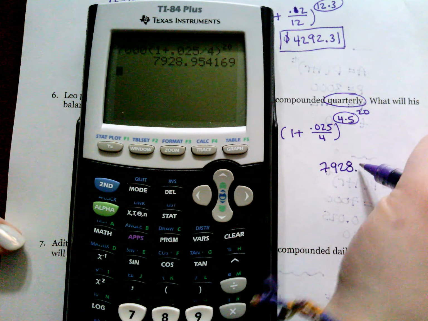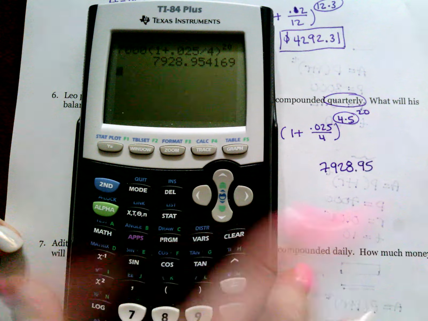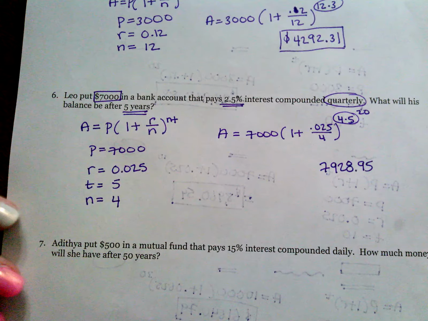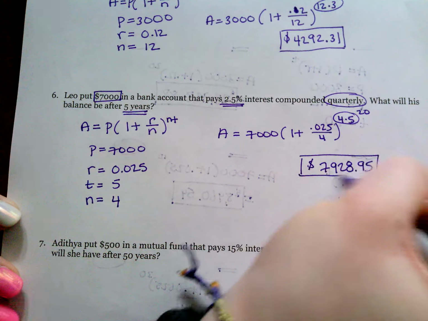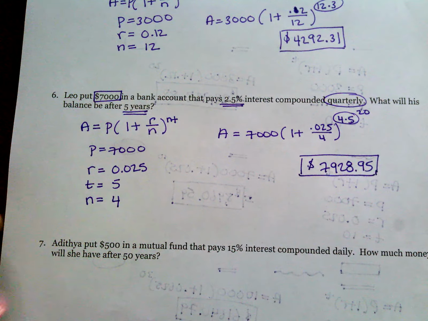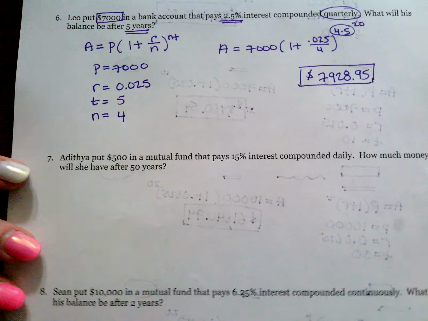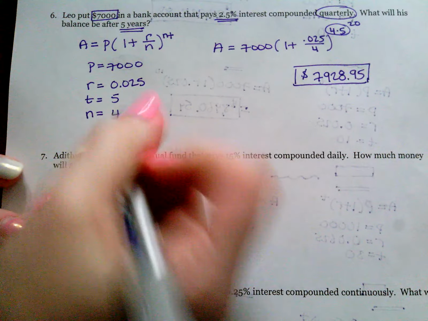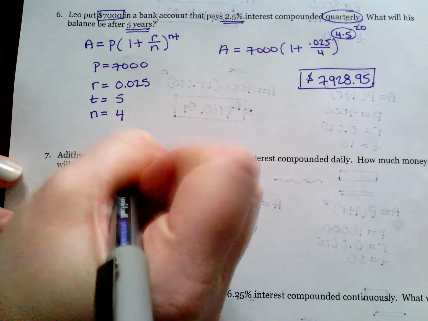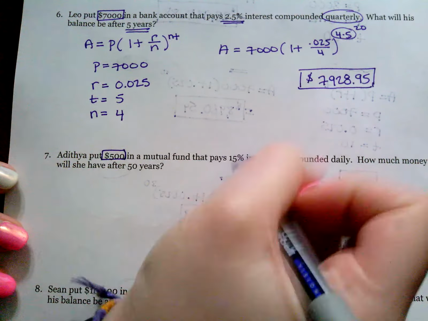Aditya put $500 into a mutual fund that pays 15% compounded daily. How much money will he have after 50 years? So again, it's compounded daily.